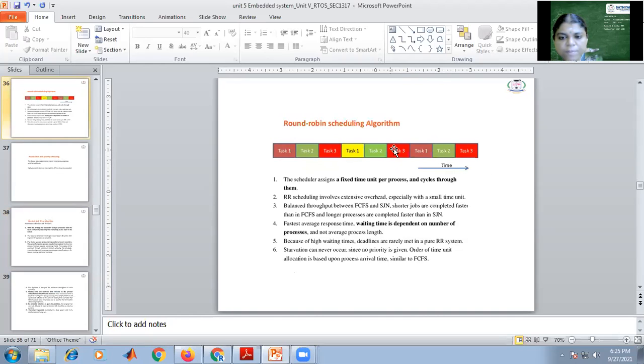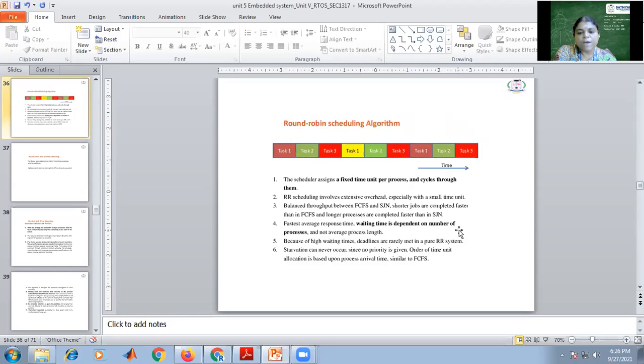See, task 2 happens after 2 tasks and task 1 happens after 1, 2, 3, 4, 5 tasks. So some fixed time delay will be there between each of the tasks and they will follow that corresponding time delay. It has the fastest average response time, and the waiting time is dependent not on the number of processes and not on the average process length.